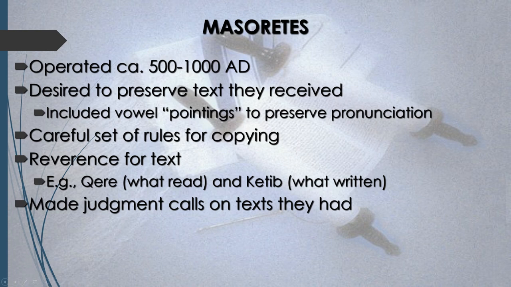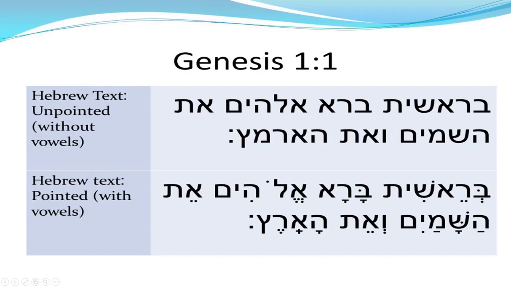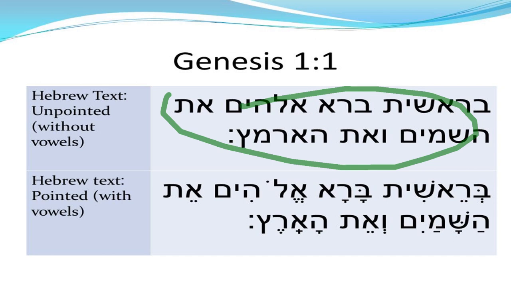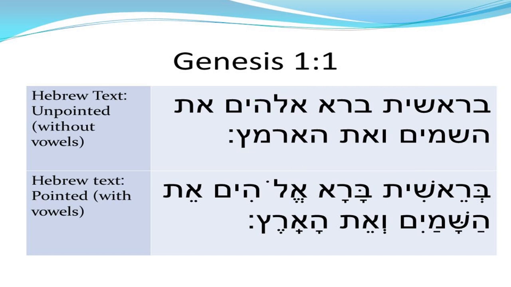And so all of that is to say, if we look at this same first verse of the Hebrew Old Testament, this is the text not pointed. Okay? And so we see here we've got these letters, the Hebrew alphabet here, and down here we've got the pointed text, and this indicates the vowels.